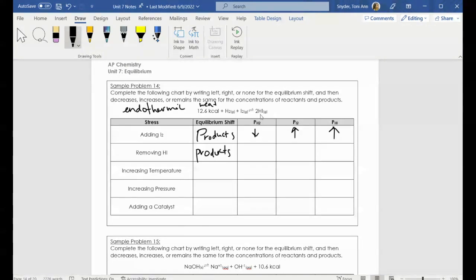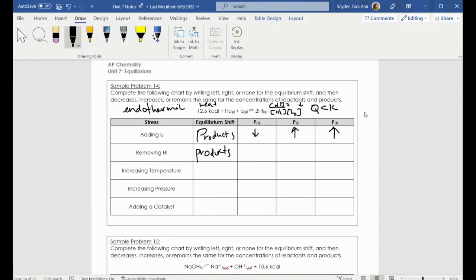If I decrease the concentration of this, consider my equilibrium expression, HI squared over H2 times I2. If this concentration goes down, what does that do to Q? That means I have a low value of Q, so Q is less than K. And if Q is less than K, it has to make more of those products in order to reach equilibrium.